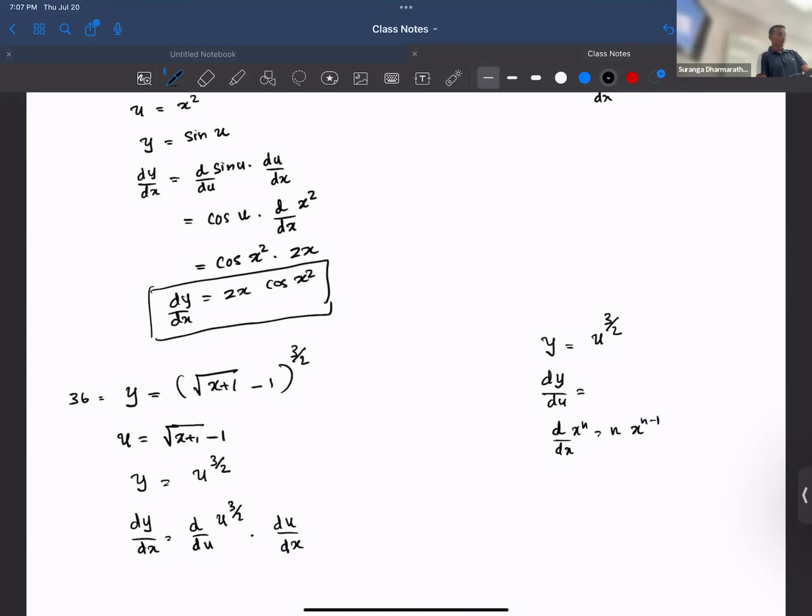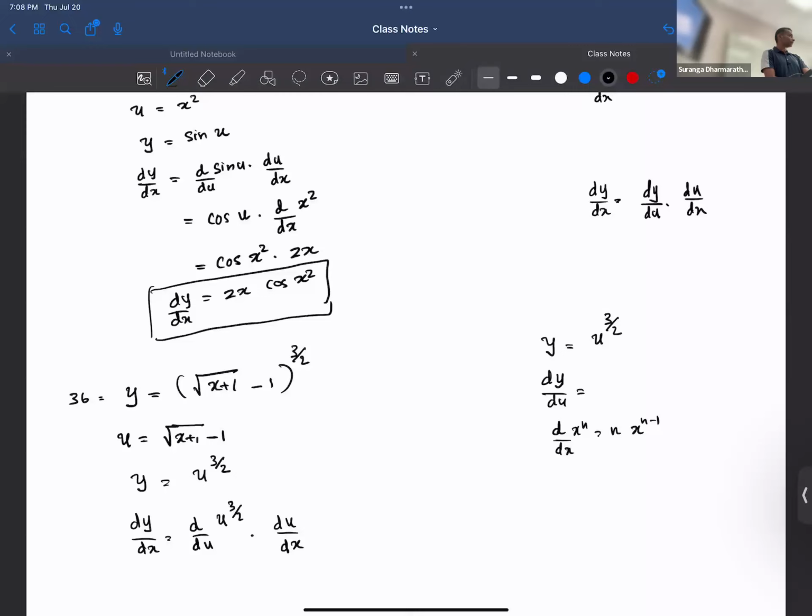Does that make sense? When you write the chain rule, it is written as dy over dx is equal to dy over du times du over dx. If you had some other function, maybe p, q, you can put p instead of u.